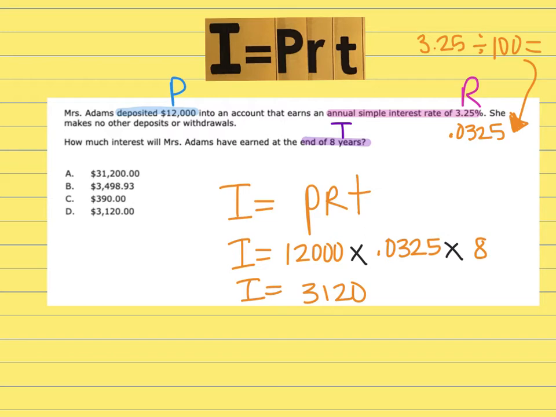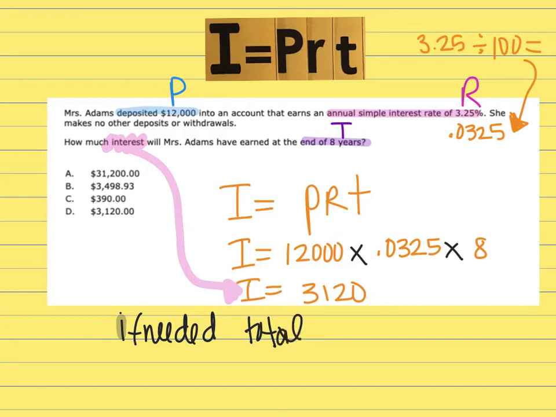Because that says that is interest. I'm going to go back and double check my question. It says, how much interest will Mrs. Adams have earned at the end of 8 years? So since this actually is asking me for interest, then that matches what I have right here. If I needed the total, you would take the amount of money you had at the beginning plus your interest.